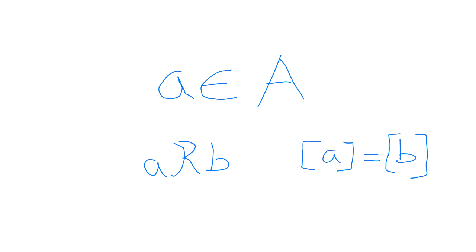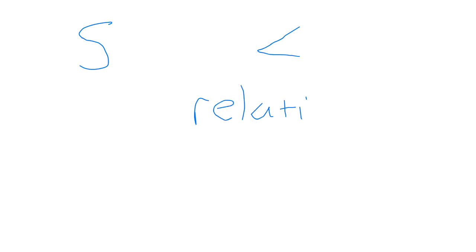An ordered set, ordered, O-R-D-E-R-E-D, is a set S, capital S, together with a relation less than. So you should actually write the word relation, and after that you have less than.